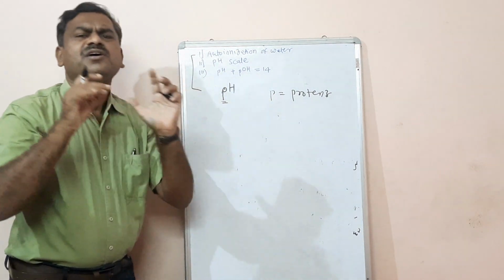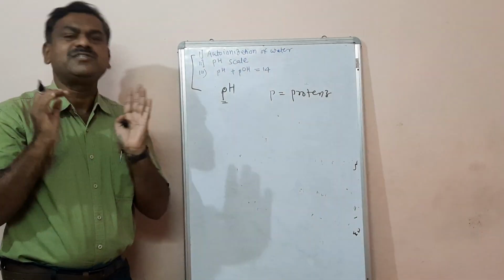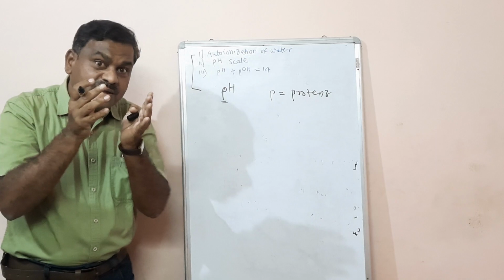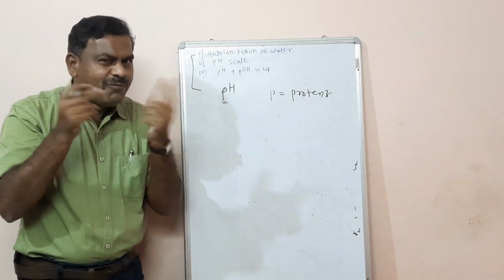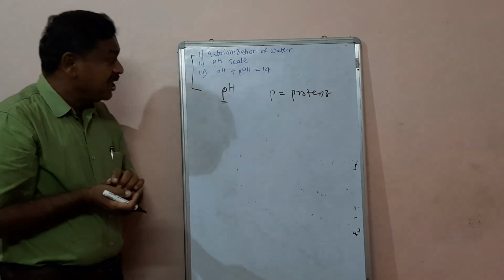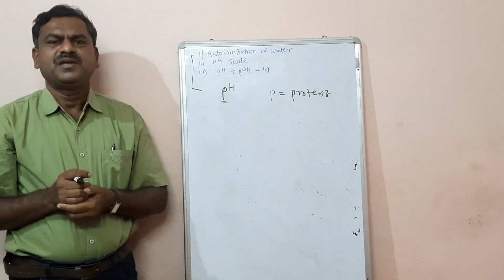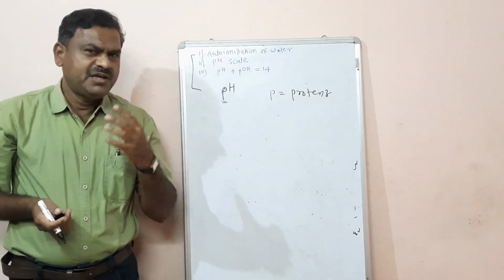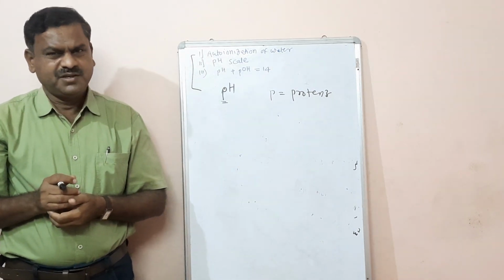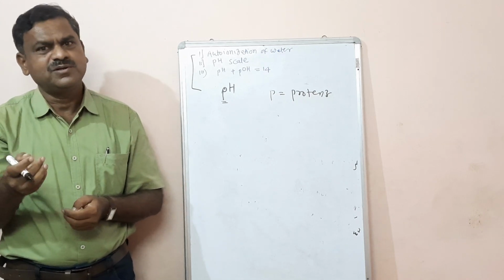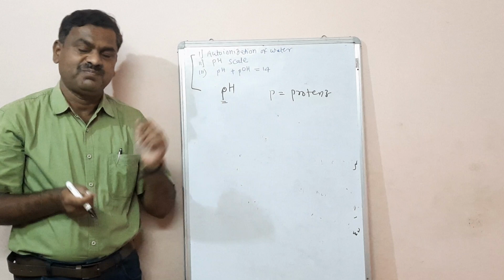It means the strength, or the concentration, power or potential of the hydrogen ions. The pH scale was first introduced in 1909 by Sorensen, a scientist.